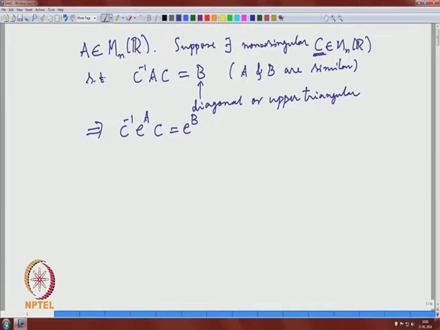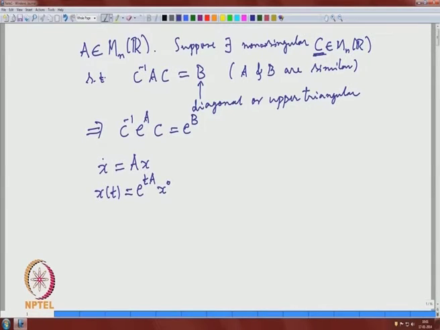In the context of ODE, let us consider x dot equal to A x. Suppose this is the given system, and we know that the general solution is given by e to the t A x naught, where x naught is an arbitrary vector in R n.